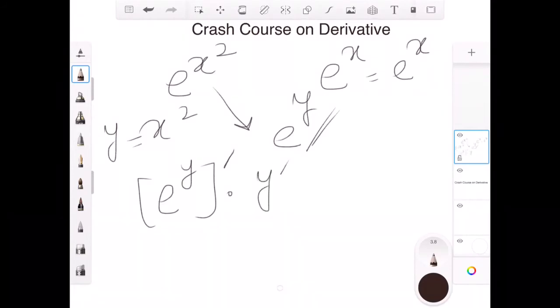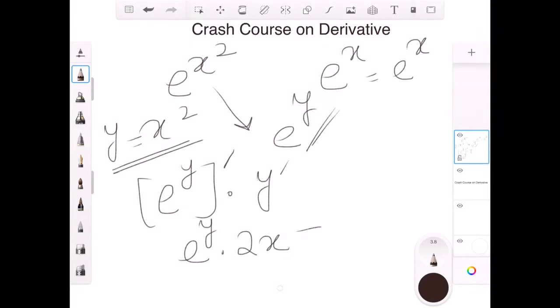I know that the derivative of e to the power y is e to the power y itself, times the derivative of y, and the derivative of y is nothing but the derivative of x square, which is 2x. So this overall expression becomes e to the power x square times 2x. Make sense? This is like a function inside another function, and we can represent it this way.